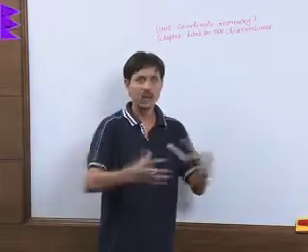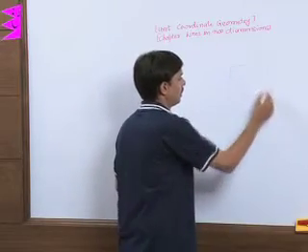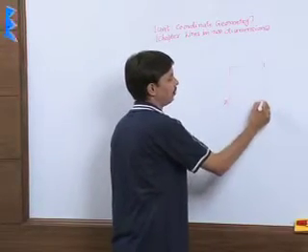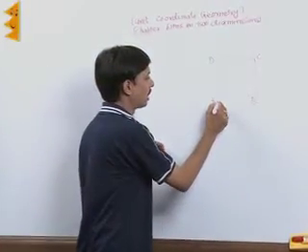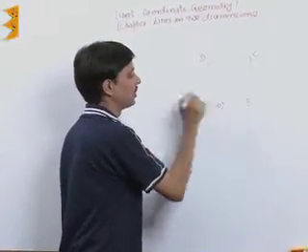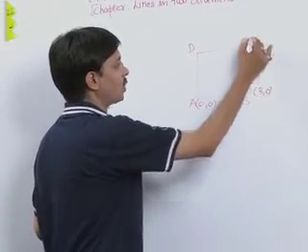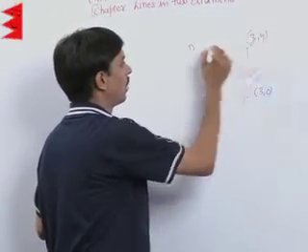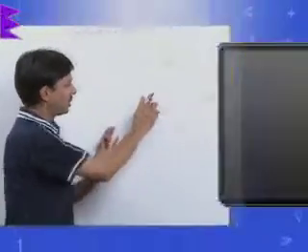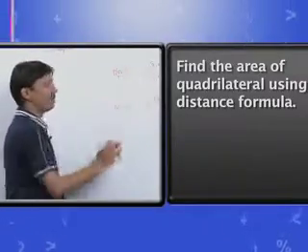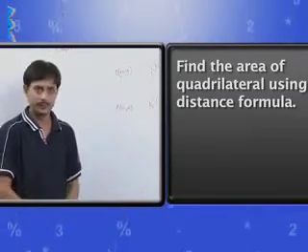Suppose there is a quadrilateral ABCD, with coordinates A (0, 0), B (3, 0), C (3, 4) and D (0, 4). Its area we would like to calculate by using the distance formula.